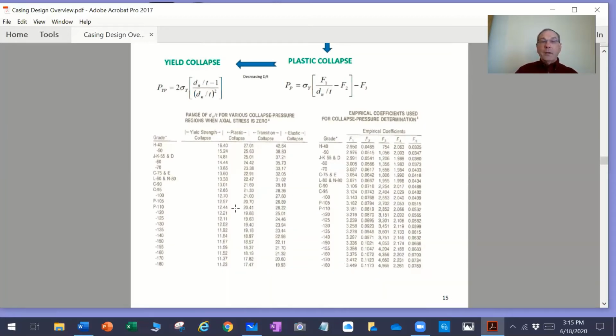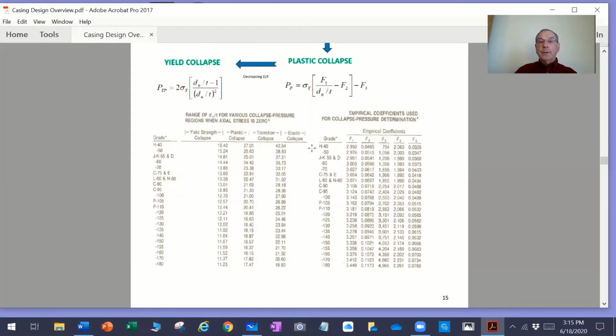If the D over T ratio was 17, that's between yield collapse and tensile collapse. So therefore you use the plastic collapse equation for calculating it. So you can calculate the D over T ratio, and that will tell you which formula at the beginning to use.